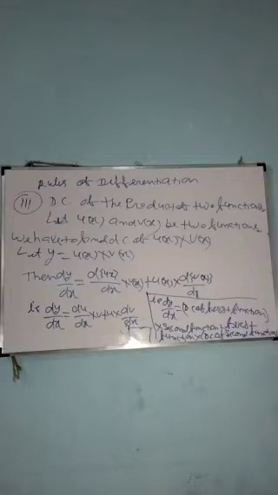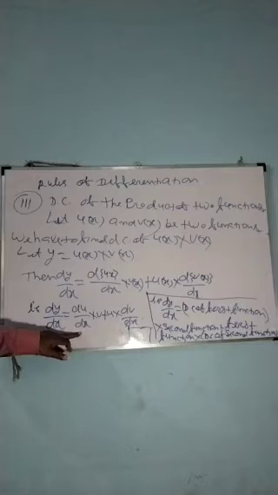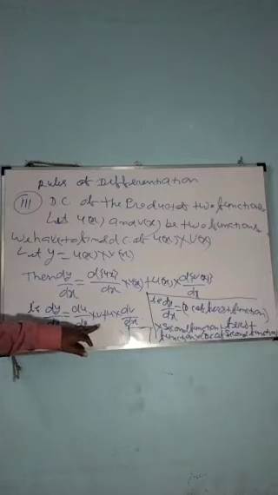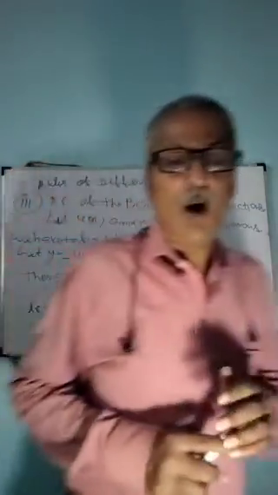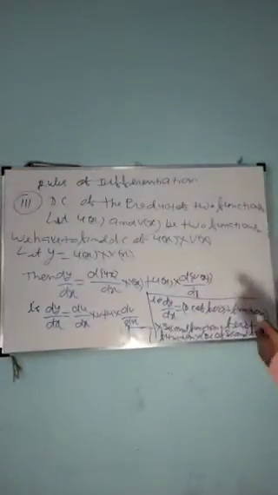How to obtain? We obtain DC of first function and then multiply it by second function plus first function into DC of second function. In this way, we obtain the differential coefficient of the product of two functions.